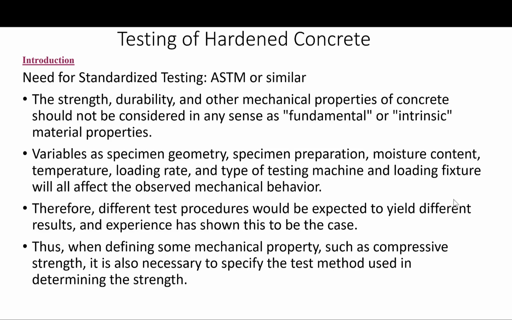To really complicate matters further, there are generally no unique relationships between values for mechanical properties measured in different ways. So, for example, we measure the compressive strength of concrete using two specimen shapes, cylinders and cubes. The ratio between cylinder strength to cube strength will not have a constant value, but will vary depending on the type of concrete. So you always have to remember that.